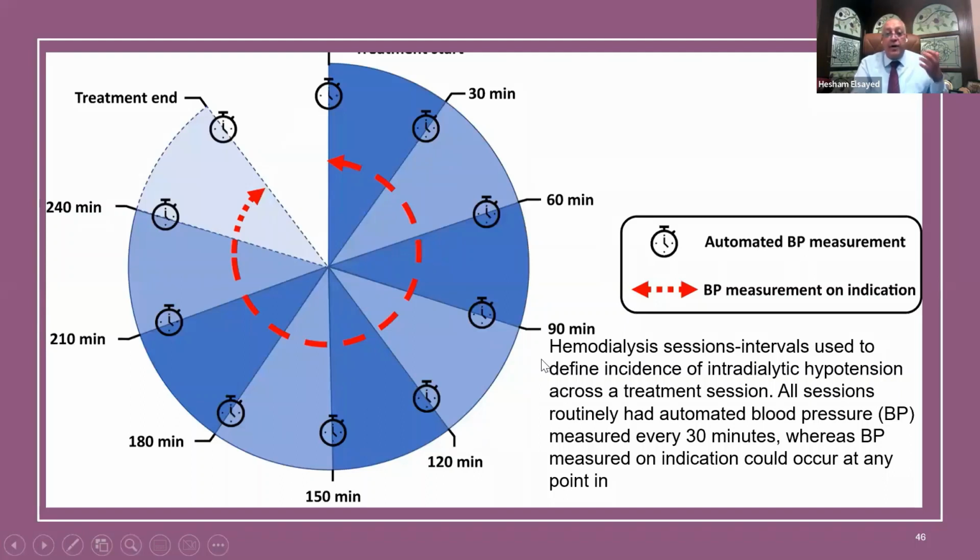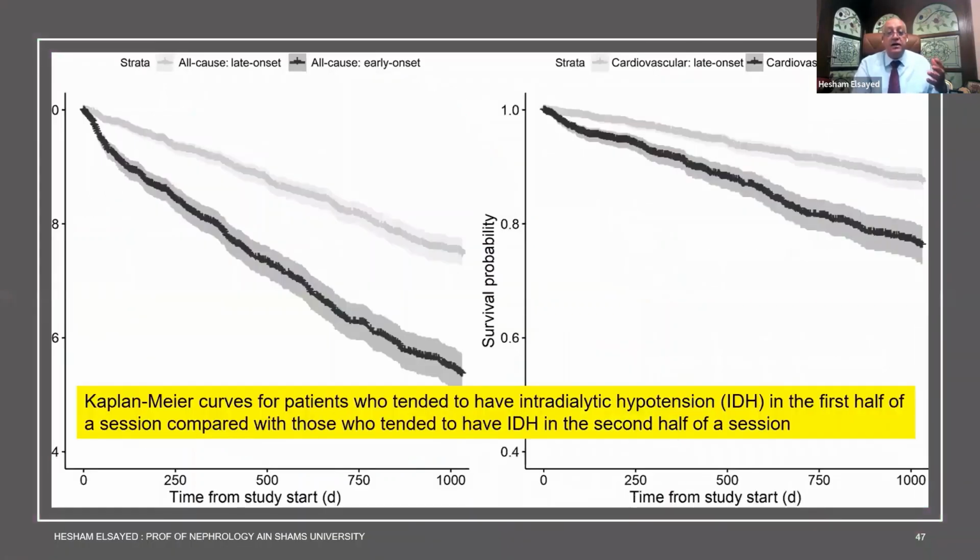We remarked before that the first hour carries the highest risk. In this study, the mortality and survival probability were compared between early versus late intradialytic hypotension. The early onset of intradialytic hypotension is not the hypotension per se, but is mostly due to autonomic dysfunction, malnutrition, and other possible causes.